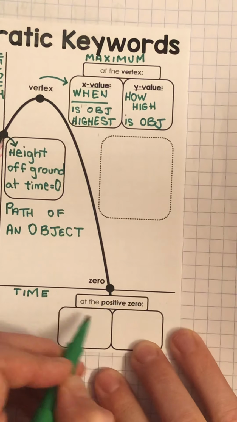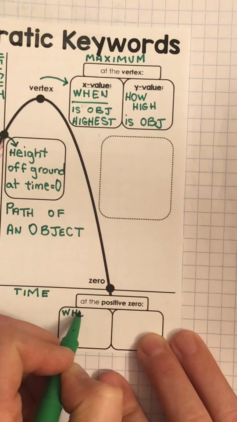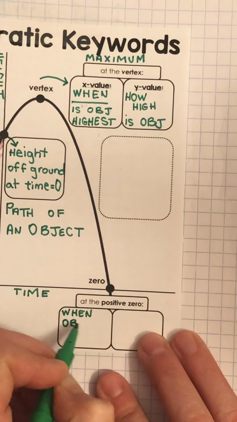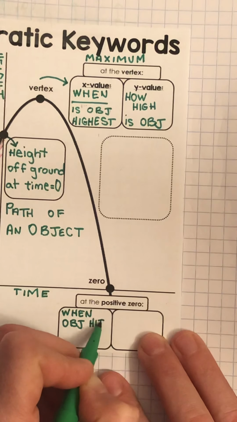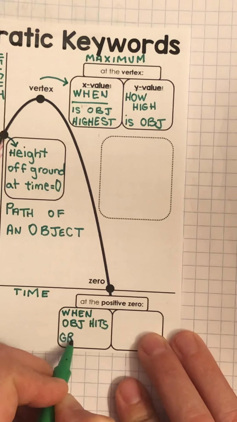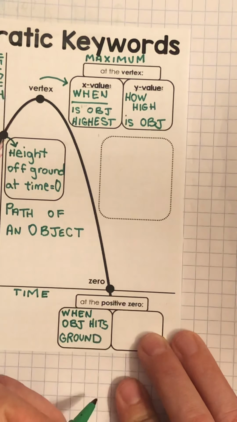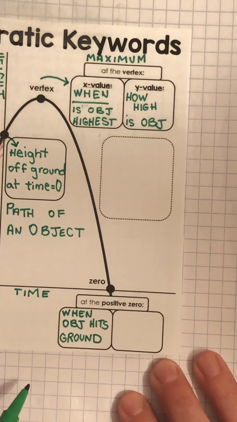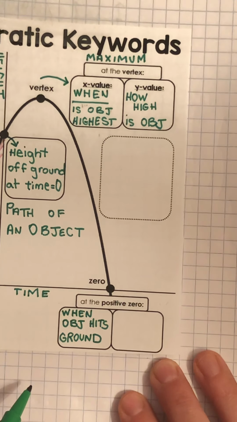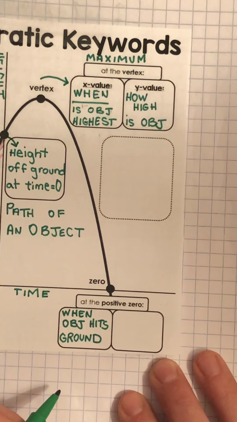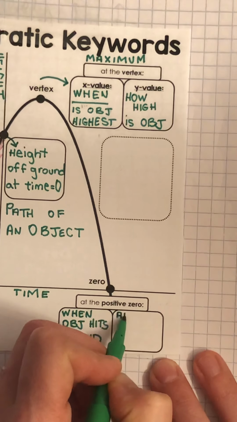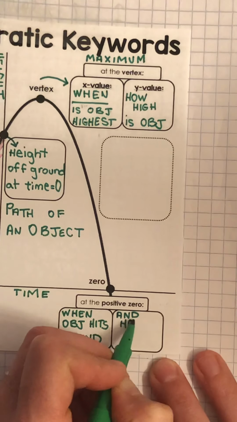And then down here, again, x value is when the object hits the ground. And this is how long it was in the air.